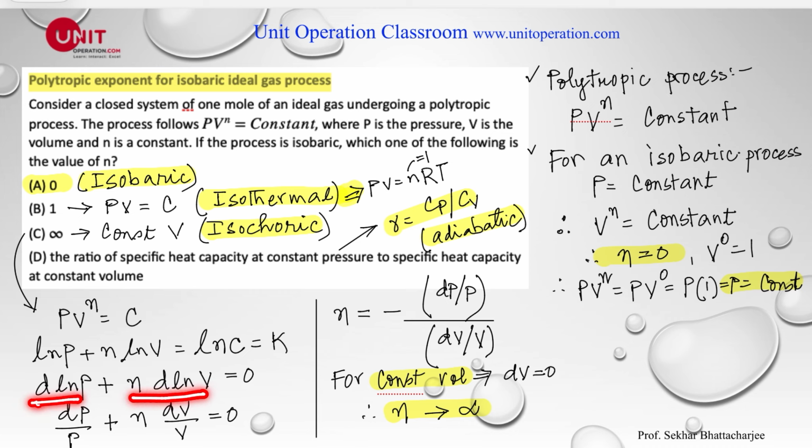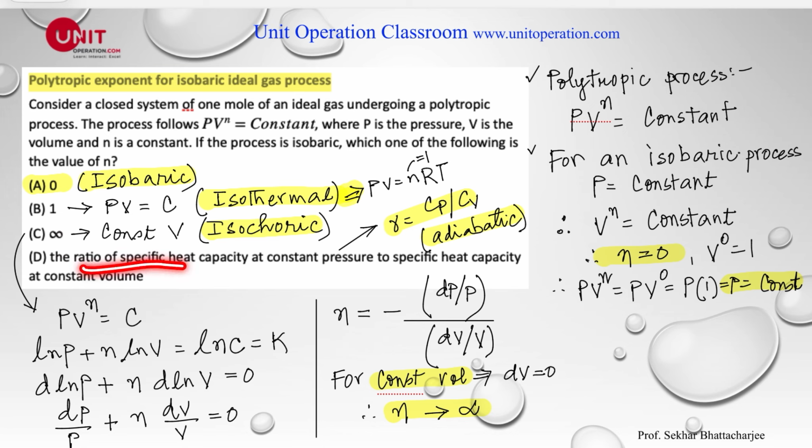And we know d ln of x is equal to dx over x, right? So this is dP over P plus n dV over V is equal to 0. So n is equal to the negative of this one right here. And for a constant volume process, dV is equal to 0. Therefore, n tends to infinity. So for an isochoric process, that means a constant volume process, n tends to infinity.